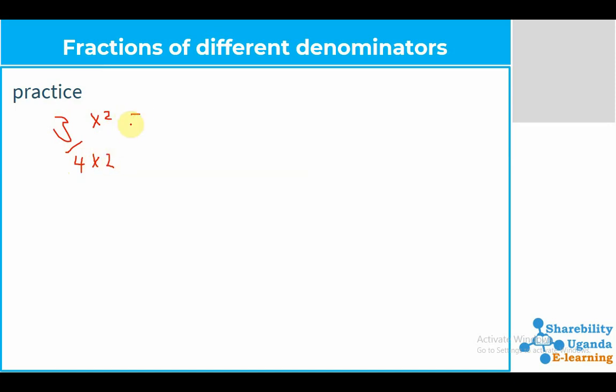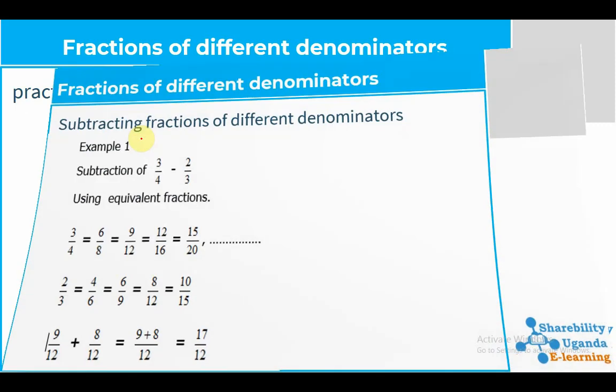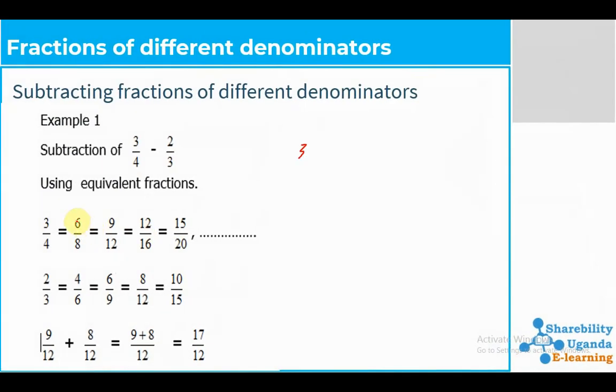So here we shall get 6 out of 8, since 2 times 4 is 8. So this is an equivalent fraction of 3 out of 4. It is still the same fraction. So you can see that we were able to get 6 out of 8 as a result of an equivalent fraction.